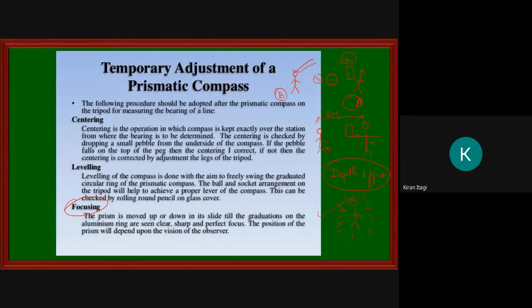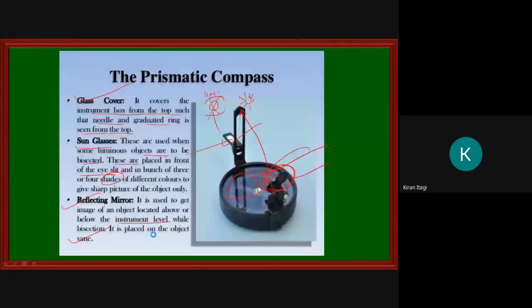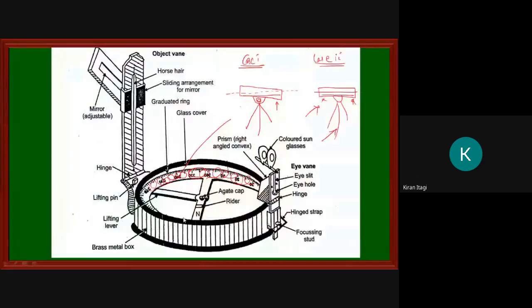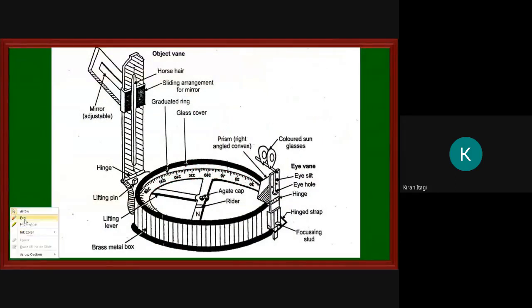The prism is moved up or down in its slide till the graduations on the aluminum ring are seen clearly. Here you can see this is a scale, and this is your prism.